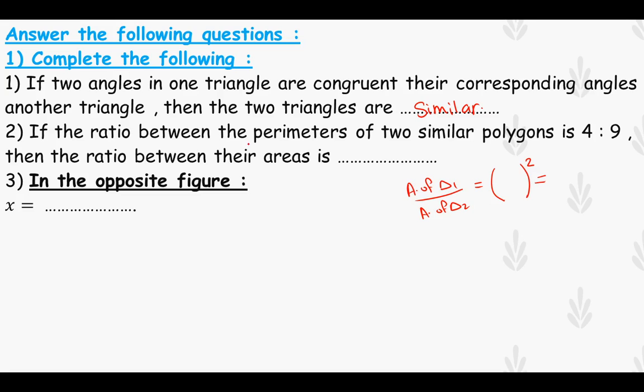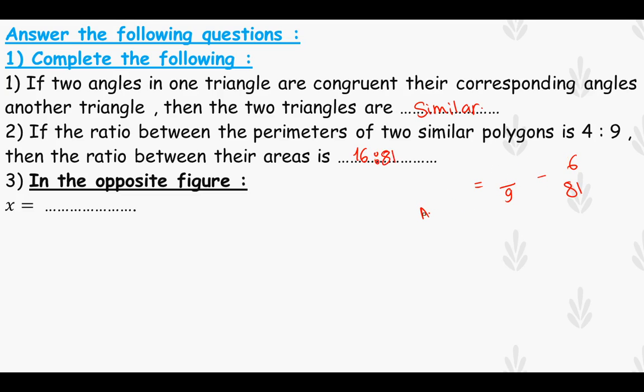Here the ratio between the perimeters of two similar polygons is 4 over 9. So the ratio between the areas will be 4 over 9 all to the power of 2. So the ratio will be 16 over 81. So the ratio between their areas is 16 over 81. Okay. So we will write the ratio is 16 to 81.